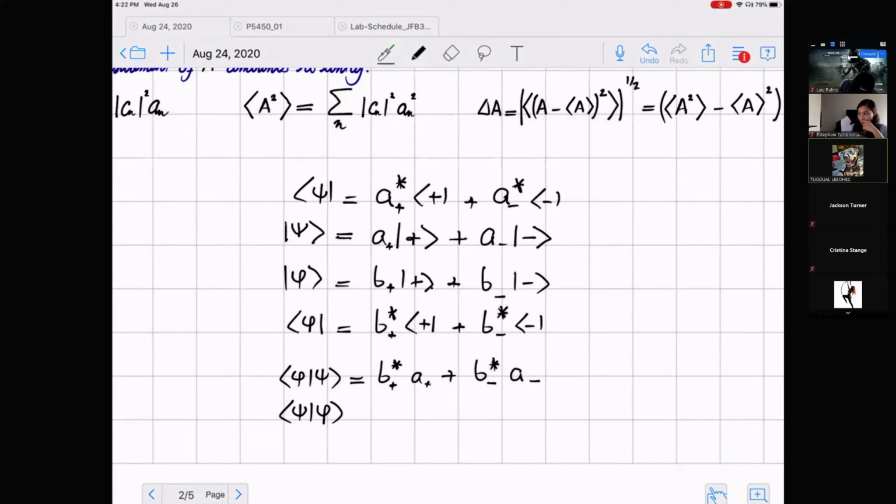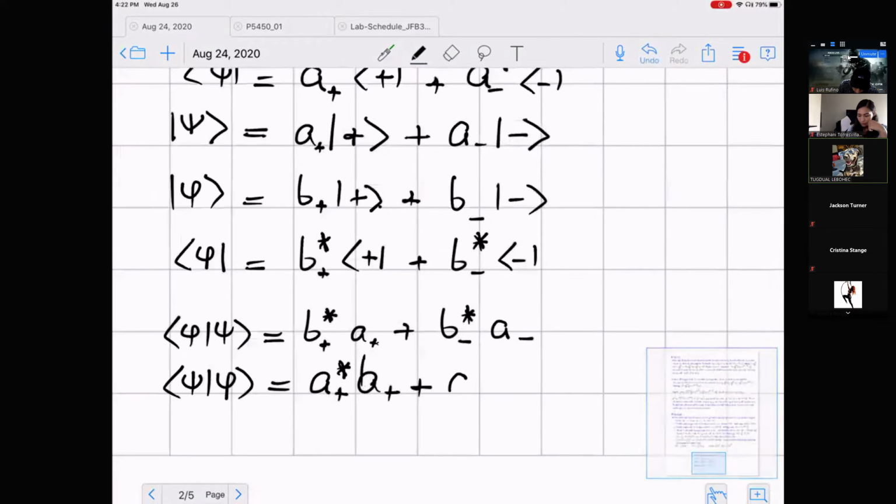Then I multiply this term with this one, and that gives me a plus star b plus. Then I multiply this term with this term, but that would be 0. And then I have this term multiplying this term, which gives me just a minus star b minus.